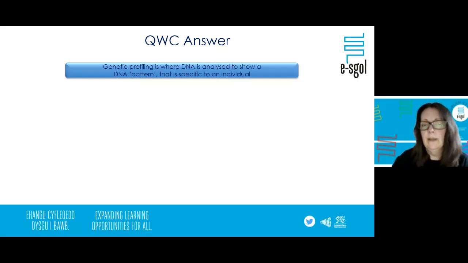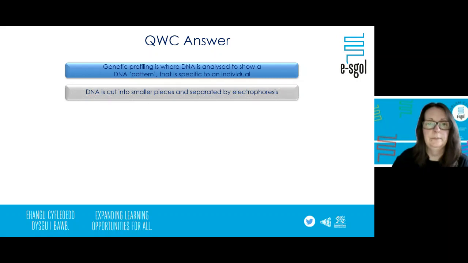Okay, so the first part then of the question asked us what genetic profiling was, and here is our particular response to that. So genetic profiling is when DNA is analysed to show a particular pattern, say, or a particular banding that is specific to an individual. So the DNA is cut into smaller pieces. You could include there by enzymes and separated by electrophoresis or gel electrophoresis.